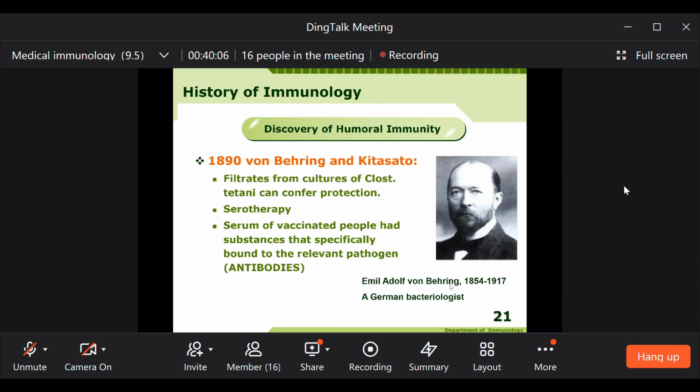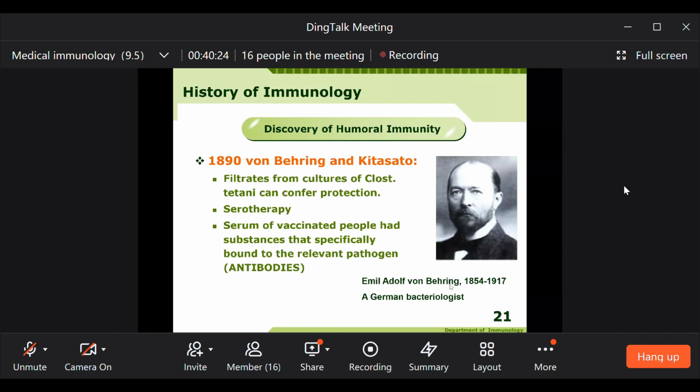So this means Behring used the serum of the vaccinated people, which had substances that specifically belonged to the related pathogens.